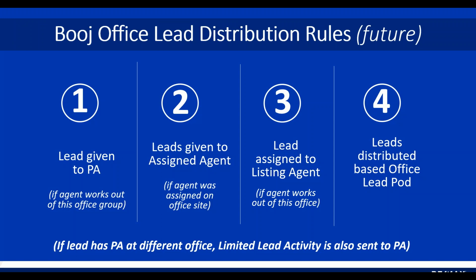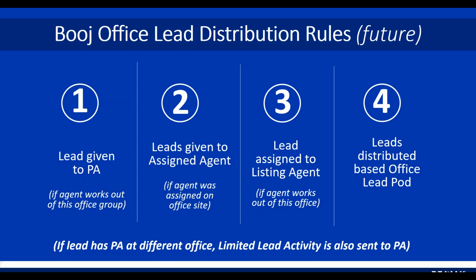Again, the lead distribution rules in the future, right, which, we're in the future. Welcome to the future. If they have a principal agent that they've already specified, that lead is going to go to that agent to begin with, right? So that means if you are their specific agent that they've already identified as their agent, that lead goes to you. So any activity they do is going to go directly to you.